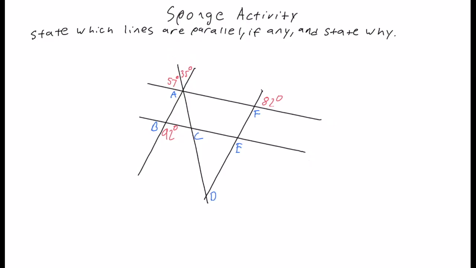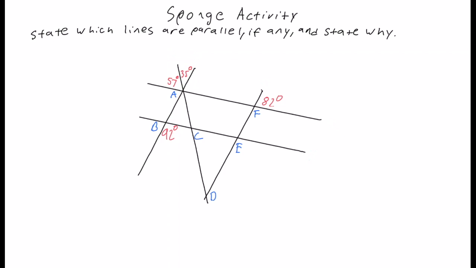Alright, now time for the sponge activity. So, I have a bunch of lines here, and I want you to state which lines are parallel, if any, and state why. So, we've got line AB, line AC, line EF, line AF, and line BE.